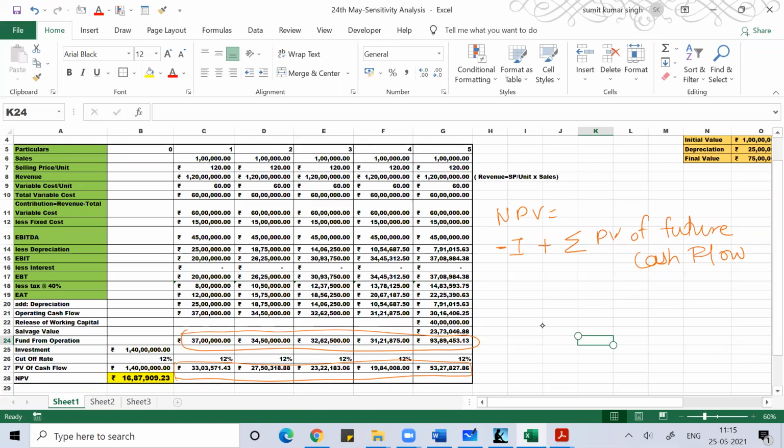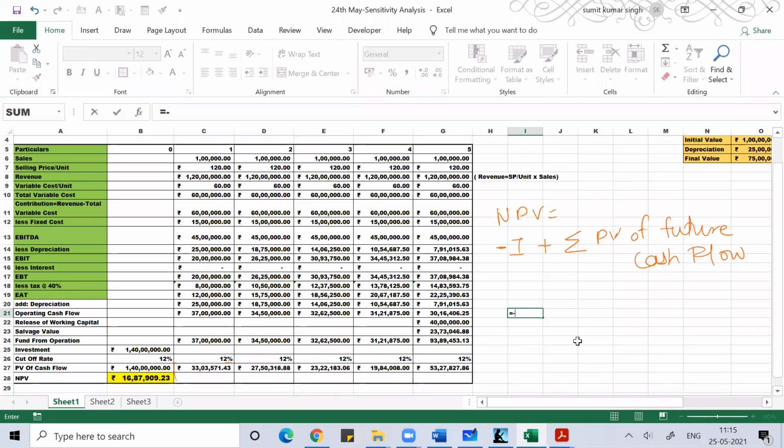This I discounted at 12%. I found the present value here. Once I found the present value here, I just did the sum of this minus my initial investment.